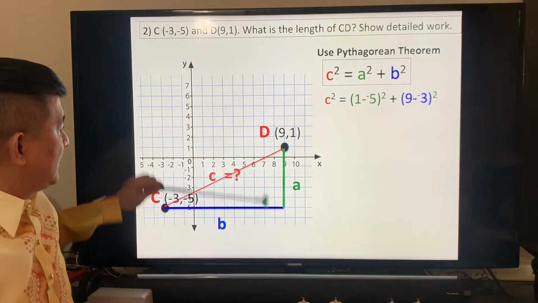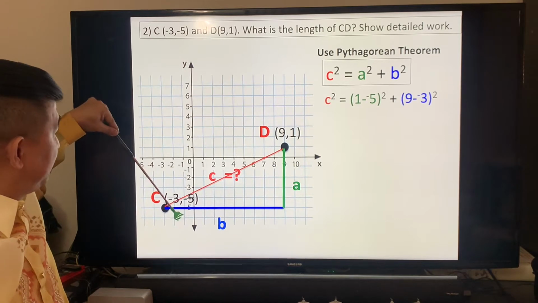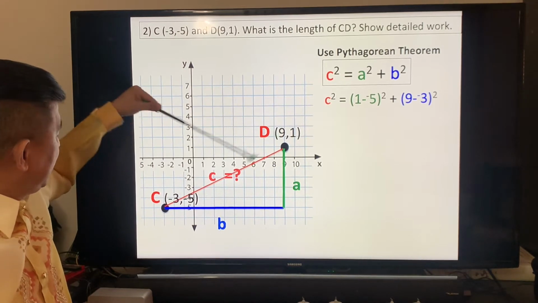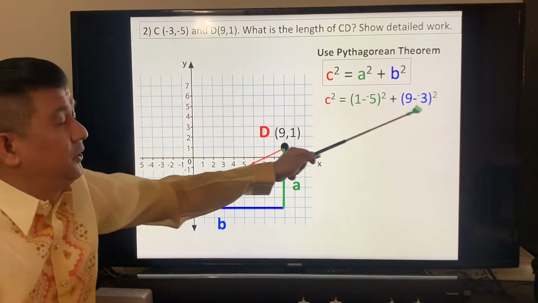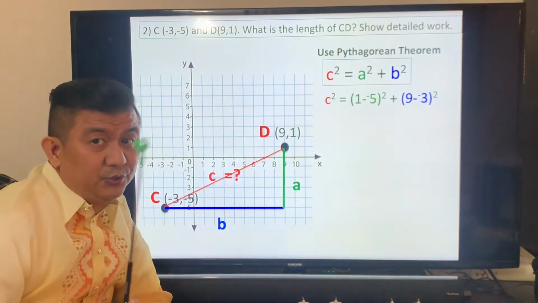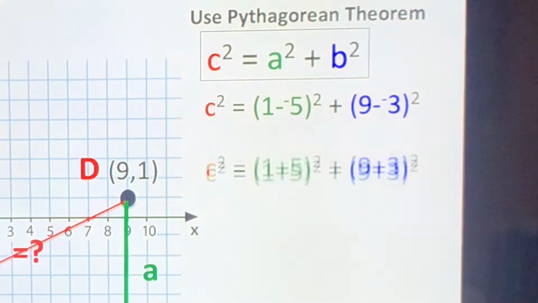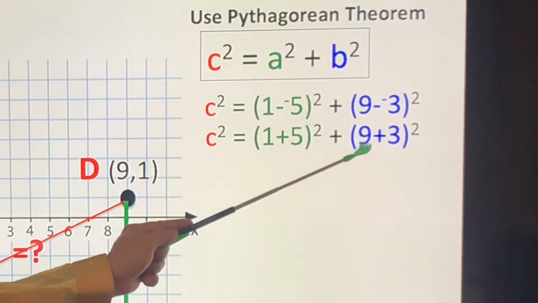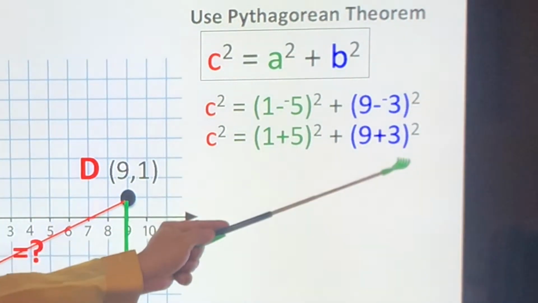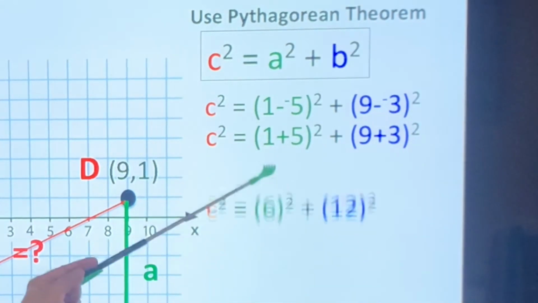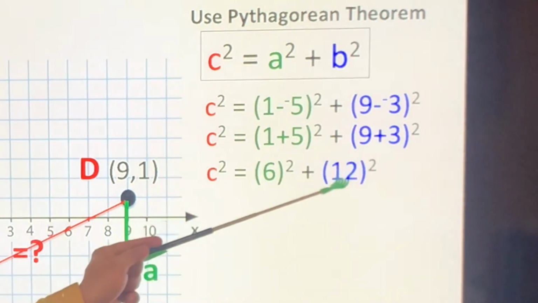So I subtract 1 minus -5 and then 9 minus -3. But remember your rule in subtracting with signs. Keep, change, opposite. That becomes 1 plus 5, 9 plus 3. So, I can add now: 6. This becomes a 12.